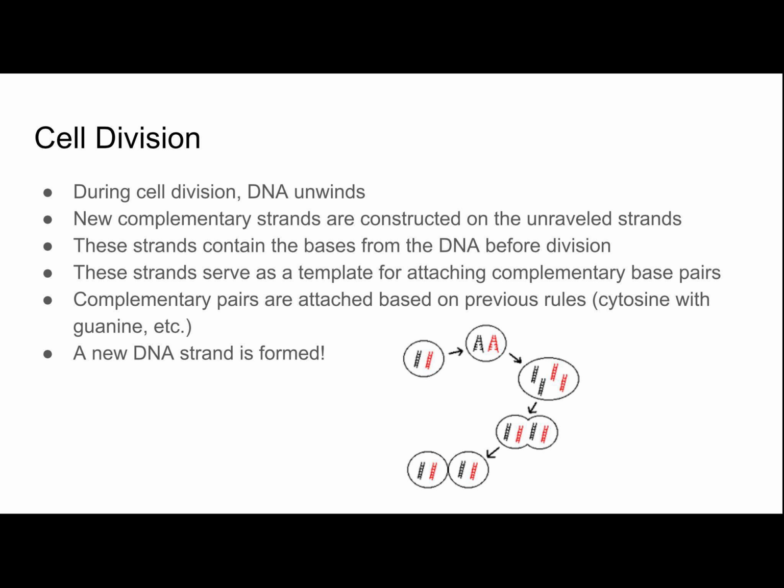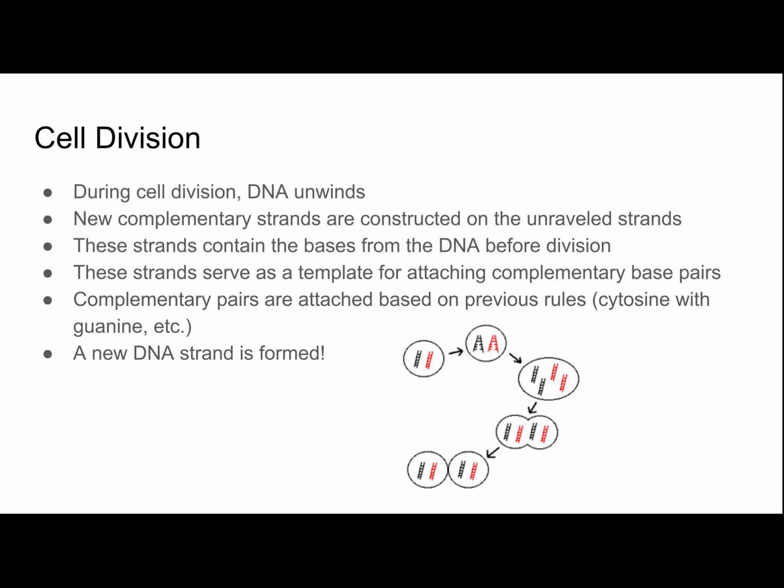So during cell division, the DNA unwinds completely. Basically, new complementary strands are constructed on the unraveled strands, and all these strands contain the DNA bases. These individual bases on the strands serve as a template for attaching complementary base pairs.